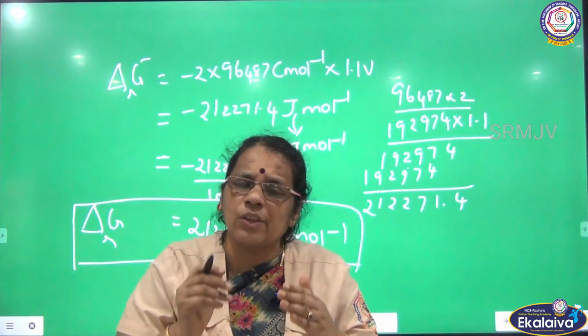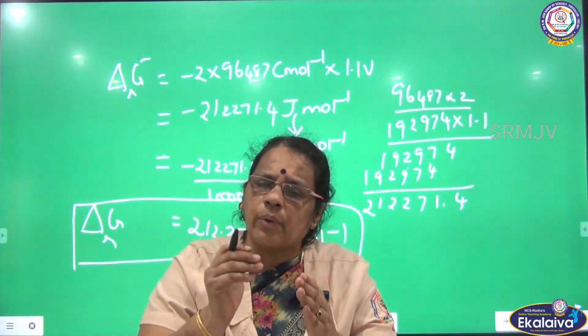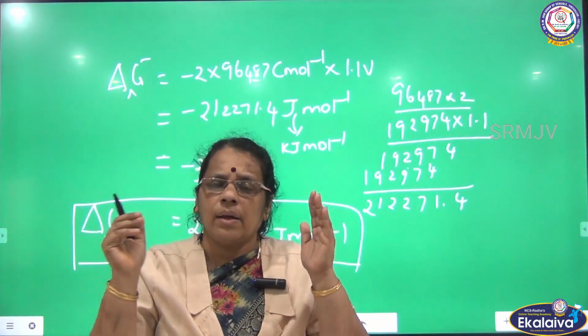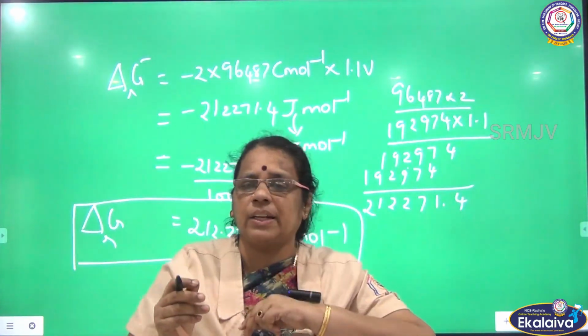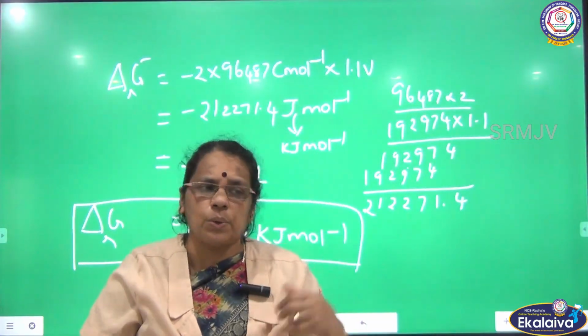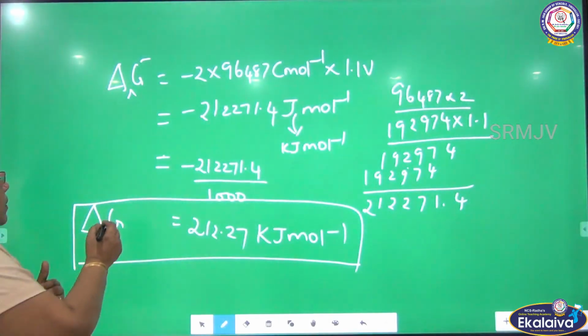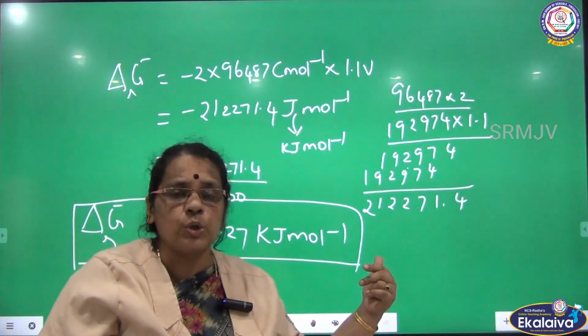Here E dash cell is 1.1 volt, Faraday is 96,487 coulombs per mole, and N is the number of electrons lost or gained, here it is 2. By substituting the values, I got the standard Gibbs free energy change as 212.27 kilojoules per mole.